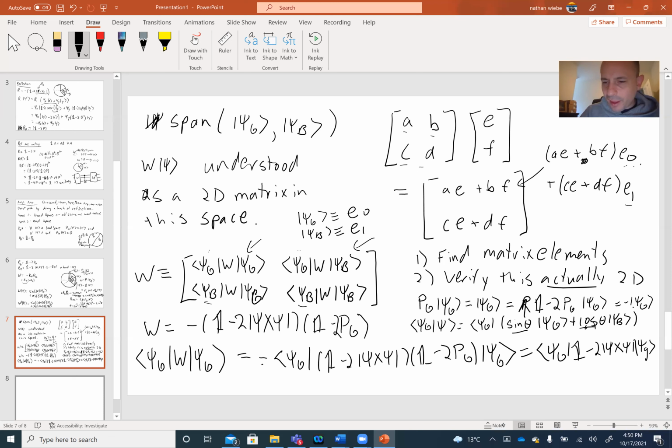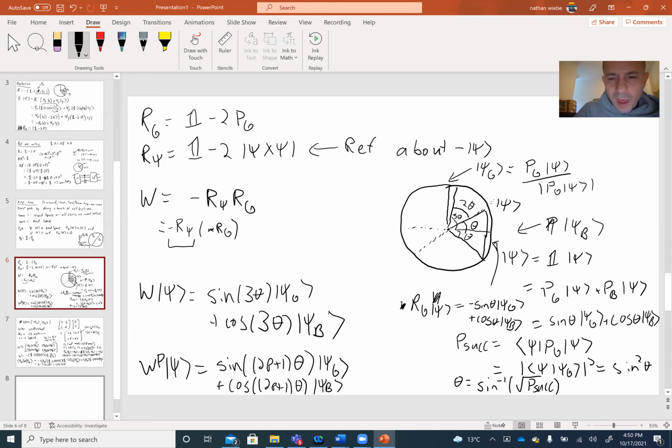So this result ends up giving us just 1 minus 2 sine theta squared, which is actually just equal to cosine 2 theta.